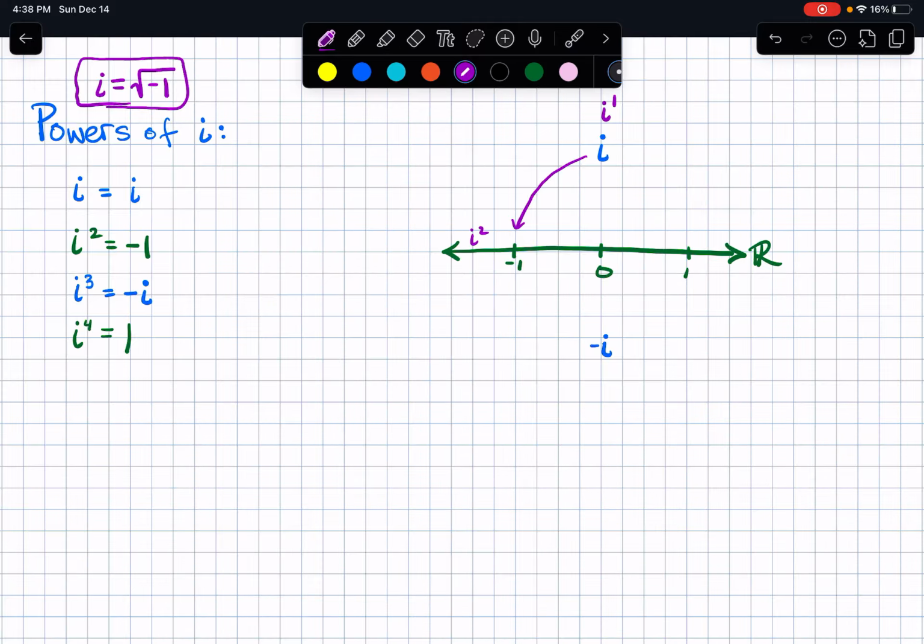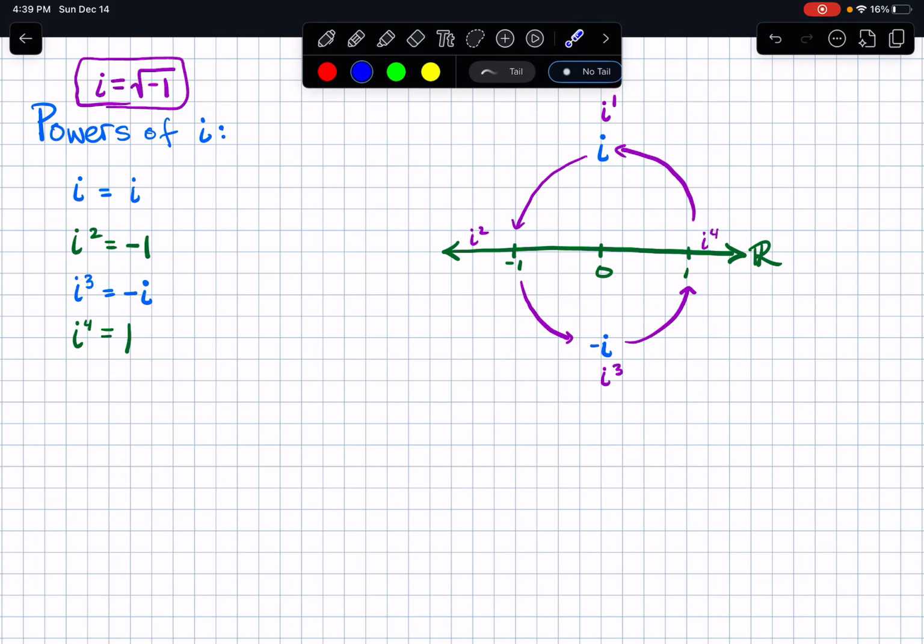So i to the second power is on the real number line. i to the third power is -i. i to the fourth power, we are back on the real number line. i to the fifth power, we're back where we began. So this means that, let's say I was trying to find i to the seventh power. Out of 1, 2, 3, 4, 5, 6, 7, i to the seventh power would be -i.